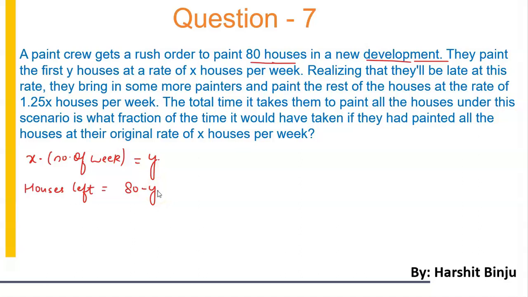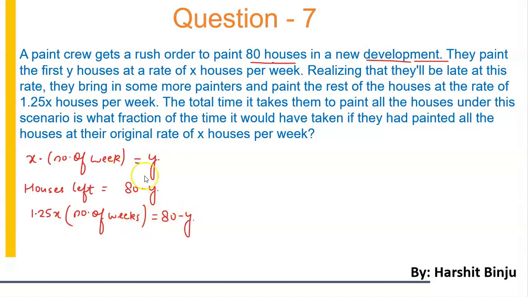Realizing that they'll be late, they bring in some more painters and paint the rest of the houses at the rate of 1.25x houses per week. So this will be 1.25x into number of weeks is equal to 80 minus Y.